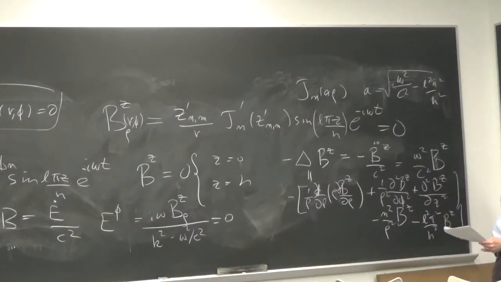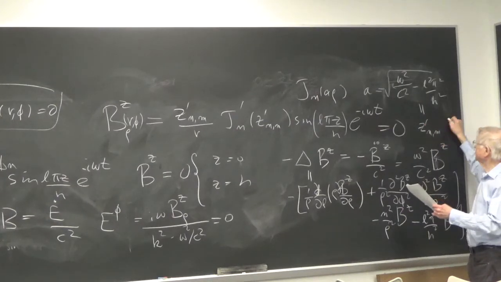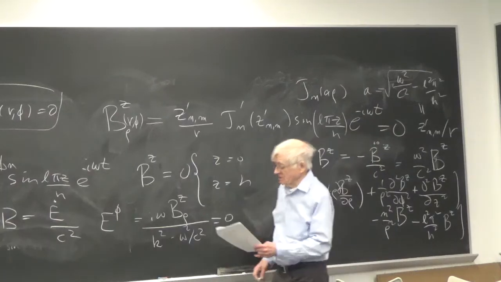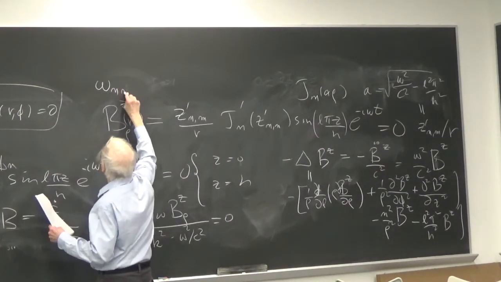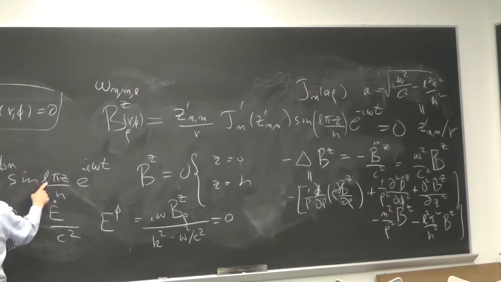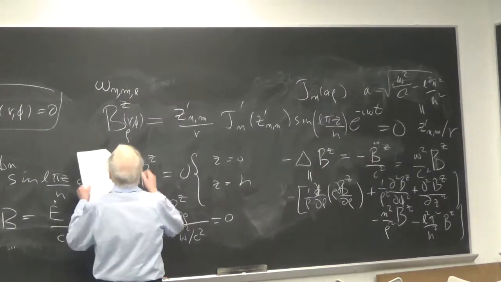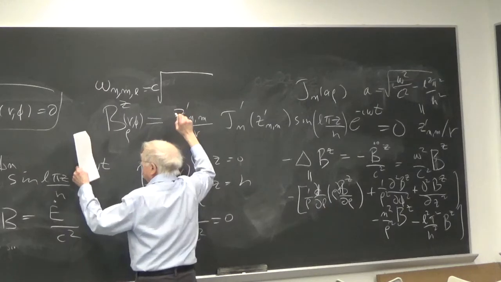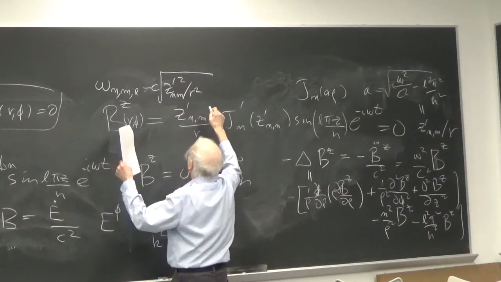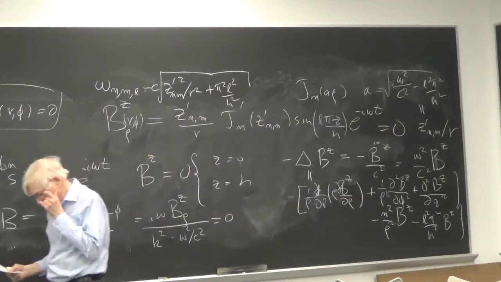And that's satisfied because this quantity we set equal to Z prime NM over R. And so what we've got finally is a formula for the resonant frequencies, namely that omega N M L, N being the azimuthal quantum number, L being the vertical quantum number, and M, I guess, the radial quantum number, is equal to C times the square root of Z prime N M squared over R squared plus pi squared L squared over H squared. So those are the resonant frequencies of the cavity.